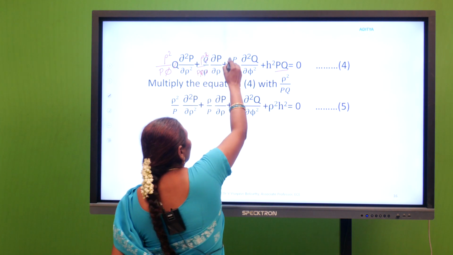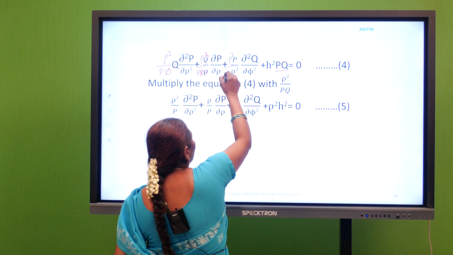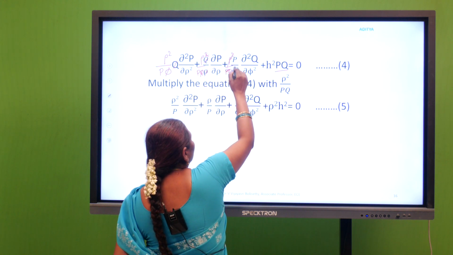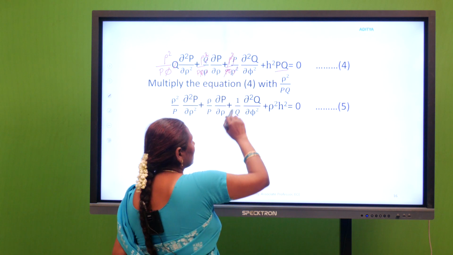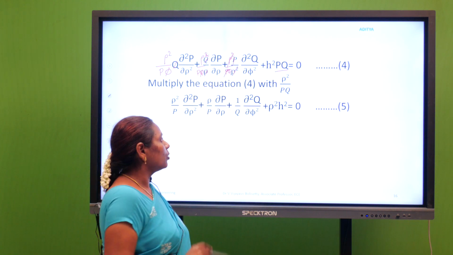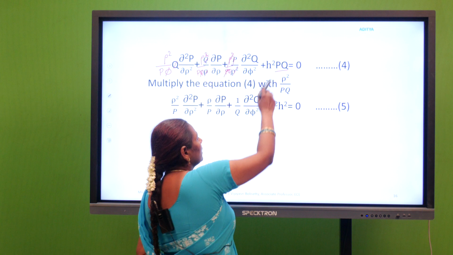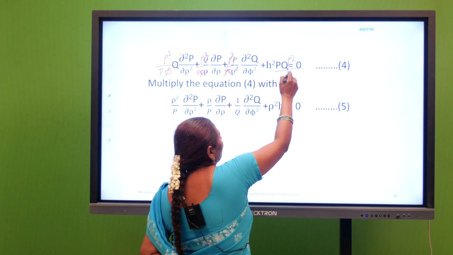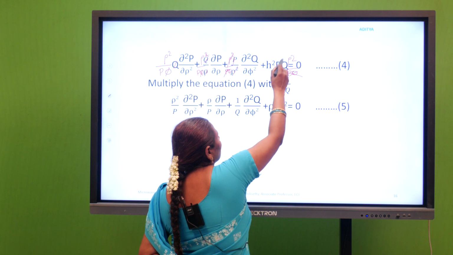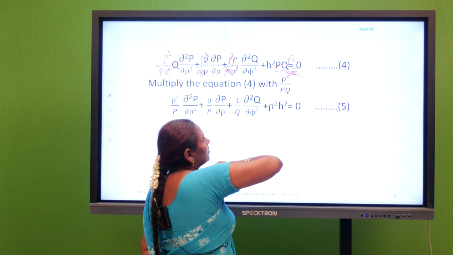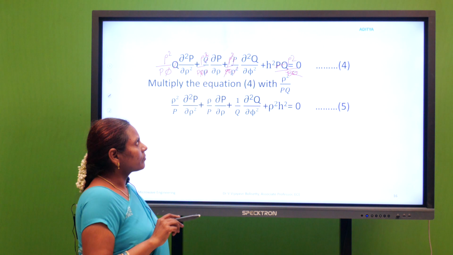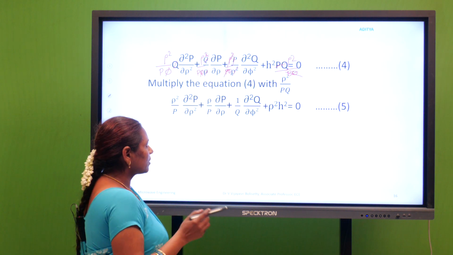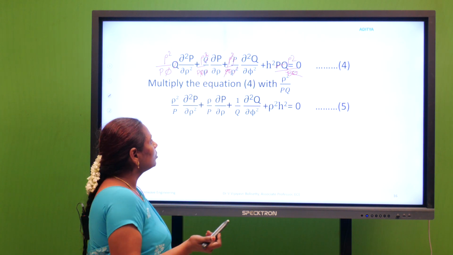Similarly, rho square gets cancelled, P gets cancelled, 1 by Q dou square Q by dou phi square, plus PQ gets cancelled and we have H square rho square is equal to 0.